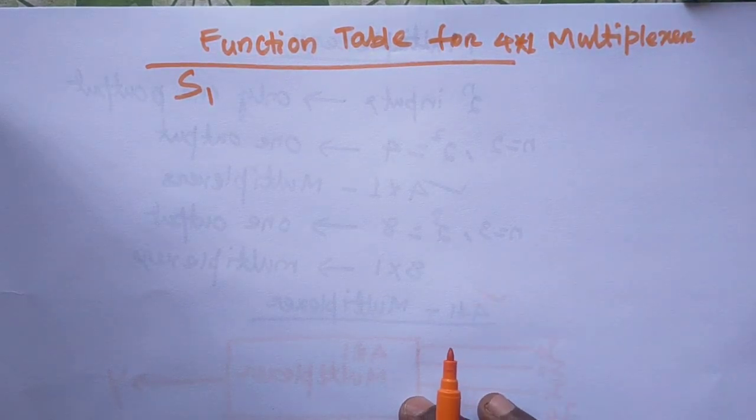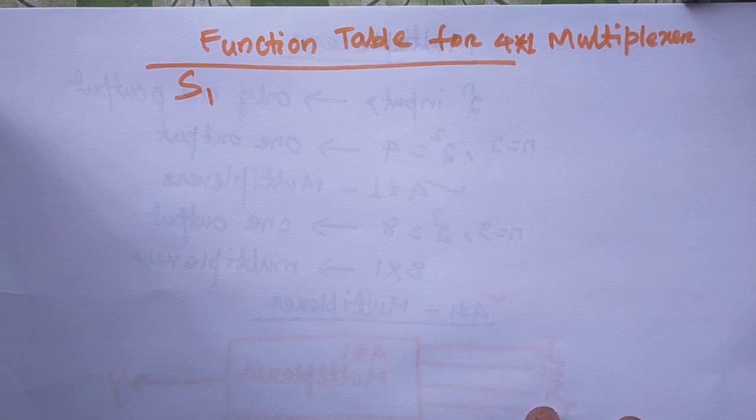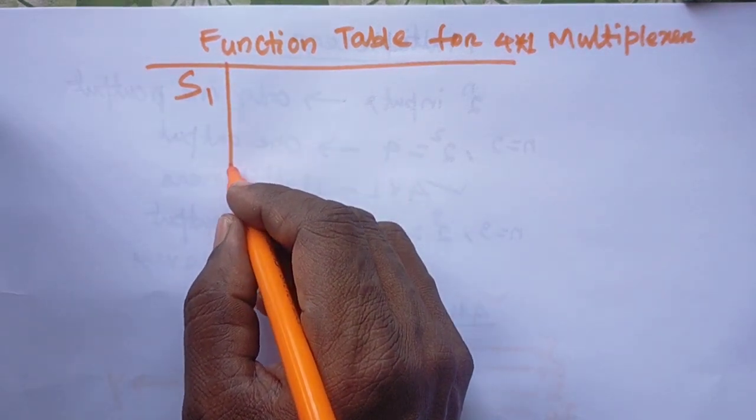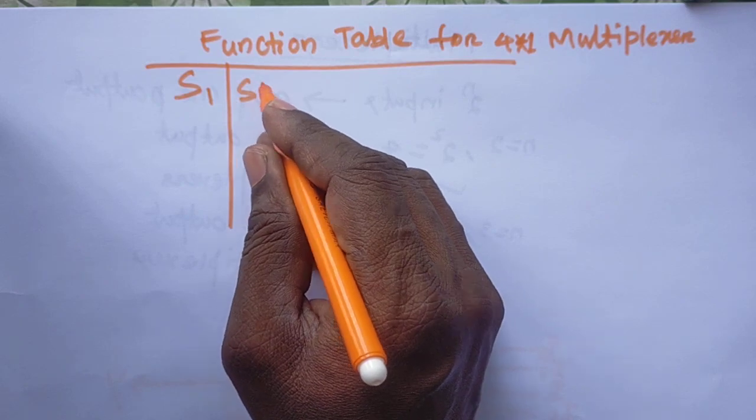So I told you, whenever we provide different inputs to the multiplexer, which input is considered as the output is decided by two selectors. That is one kind of technique. The selector will decide which input is considered for the multiplexer and also becomes the output. So here you see, very simple way, S1 and S0.